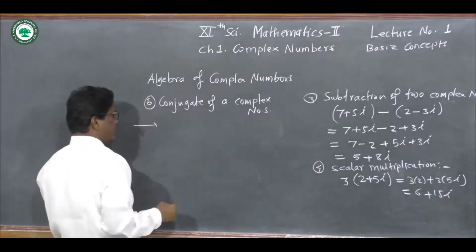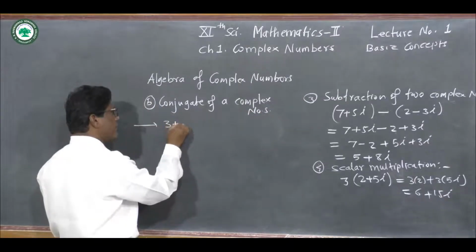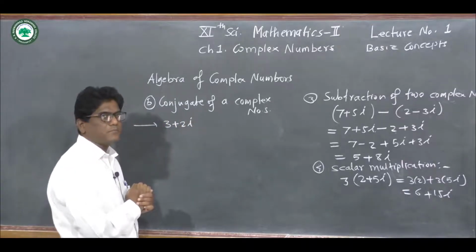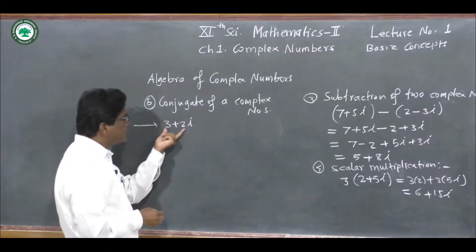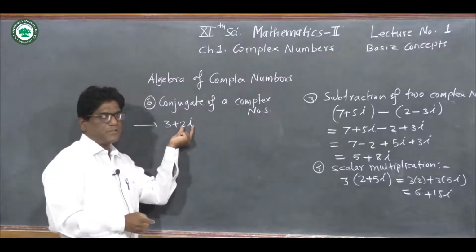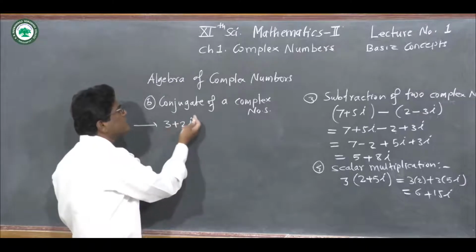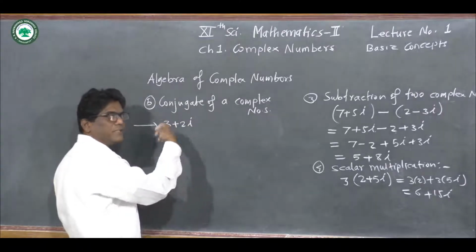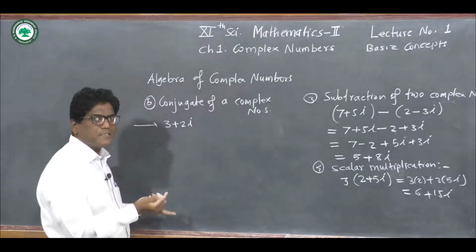Suppose 3 plus 2i is a complex number. Then what is the conjugate of this complex number? We find its conjugate by changing the sign of the imaginary part. We change the sign of 2i. Here 2i is plus, so if we take minus, then it is the conjugate.